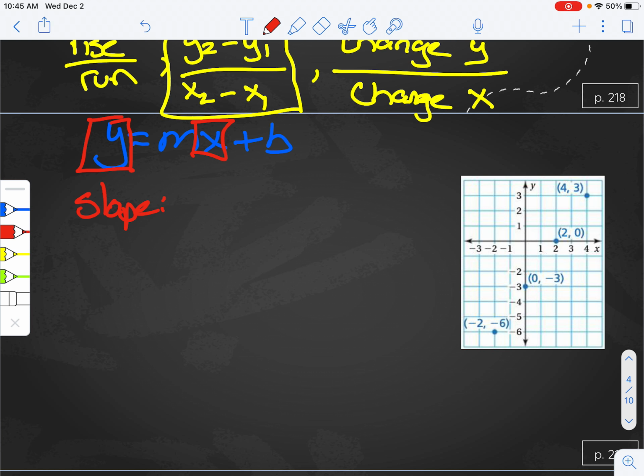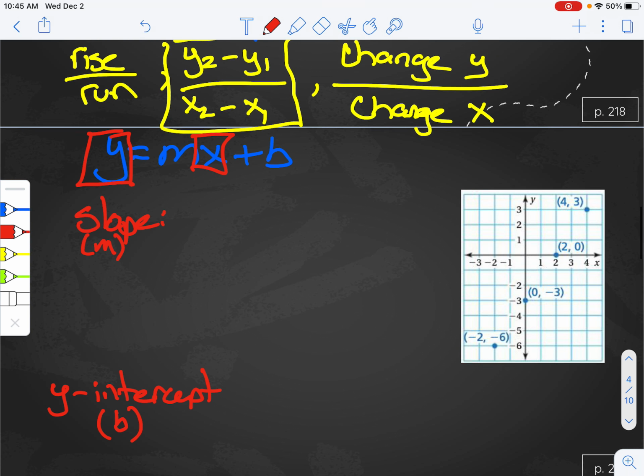So we need to figure out how we're going to find the slope and the y-intercept. Remember, the slope is our m value and the y-intercept is our b value. So we need to find those two things to write an equation, or a linear function, that represents this graph.